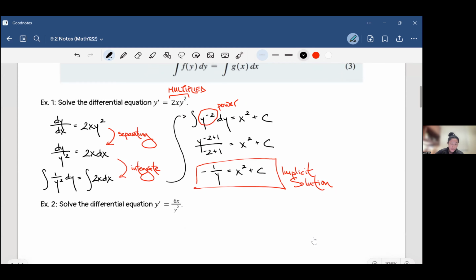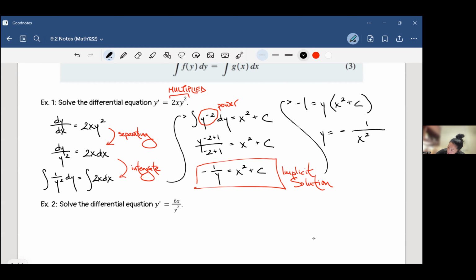We can turn this into an explicit solution just by solving for y. And I'm going to do that by multiplying the y over to the right-hand side. So I have negative 1 equals y times x squared plus c. And now I'm going to divide that x squared plus c over to the left-hand side. And I'm going to get y equals negative 1 over x squared plus c.